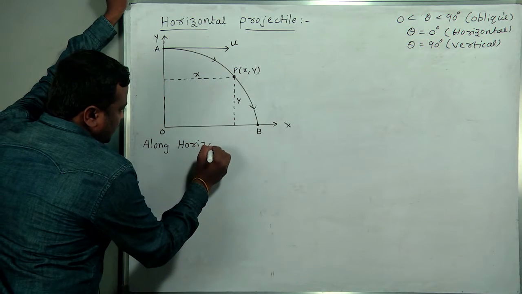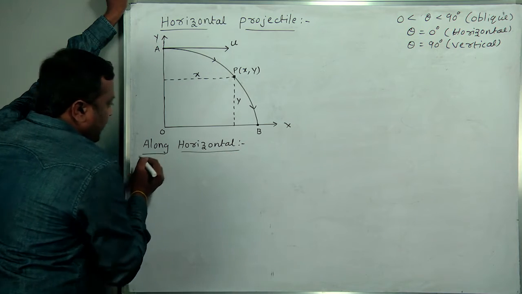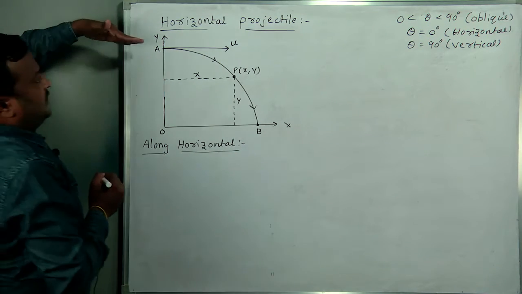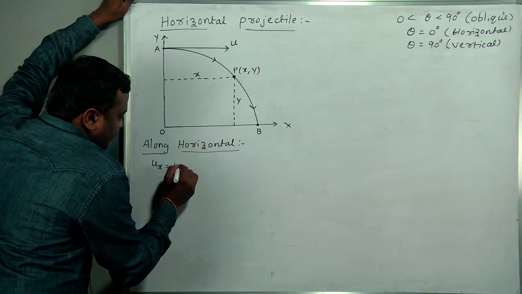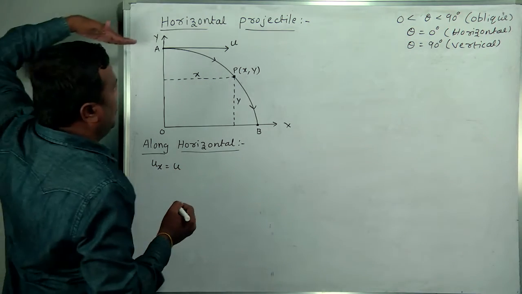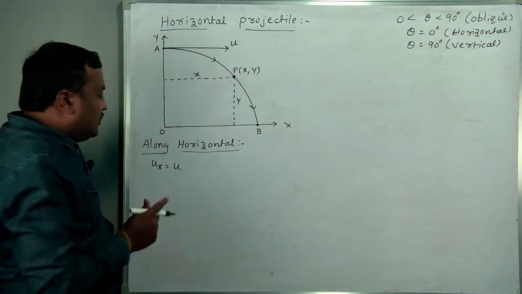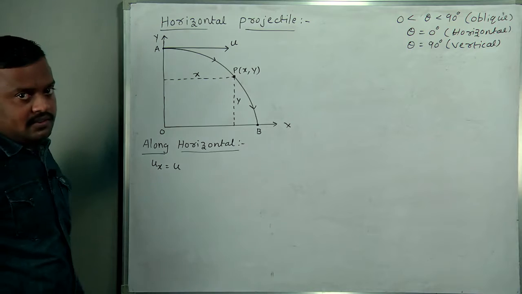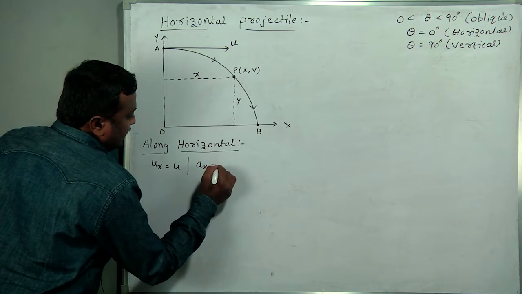Its motion is in two dimensions, which means we have to derive separately. First, along the horizontal, what is the initial velocity? We projected with u along the horizontal. So its velocity ux is equal to u, and its acceleration along the x-axis is 0.